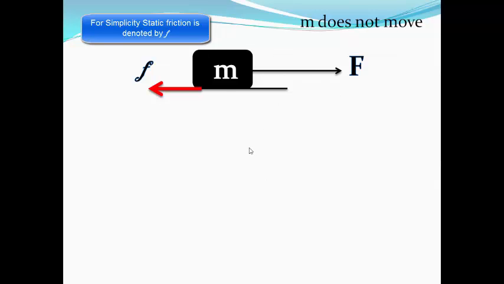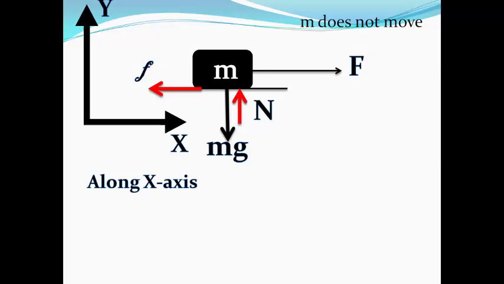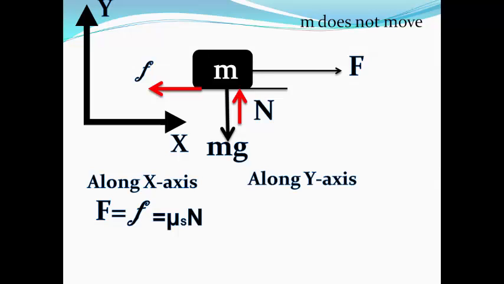Then we label all the other forces. Mg acting vertically downwards, N acting vertically upwards. We choose the x and y axis. Therefore, along x axis, applied force will be equal to static friction, that will be equal to mu s N, and along y axis, N will be equal to mg.